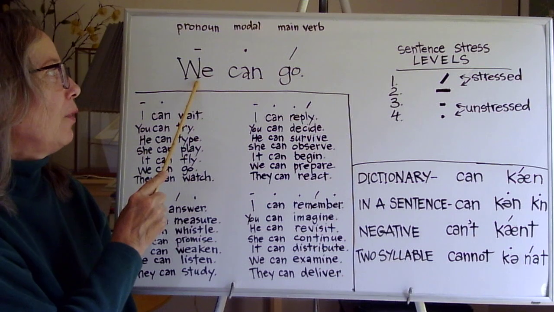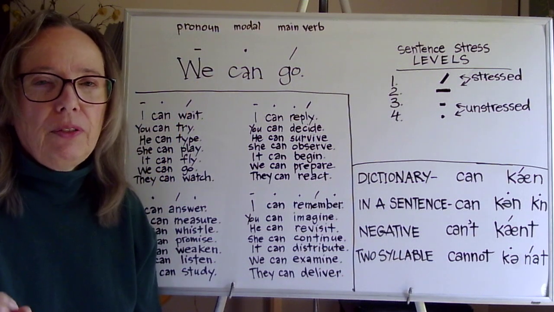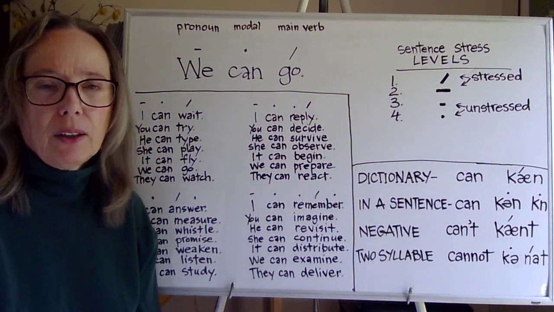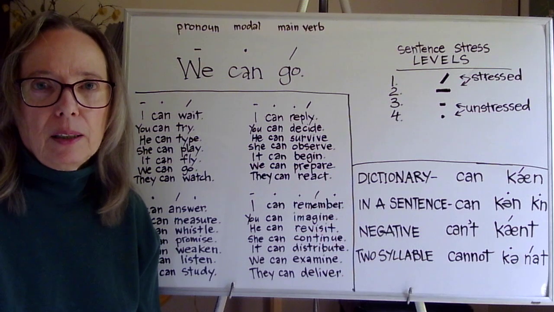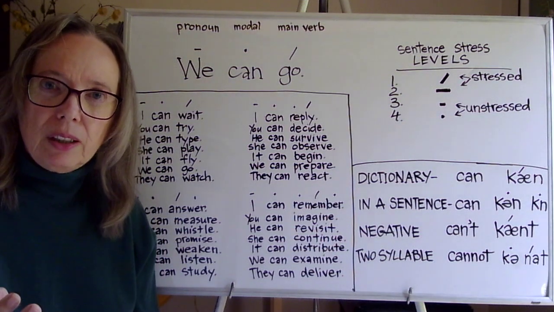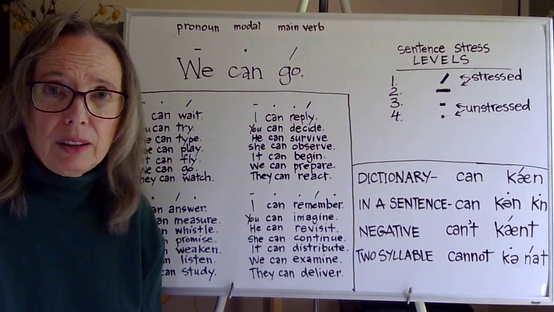So if I say we can go, putting very big stress on we can go, that means that I am telling my listener, pay attention because you may have the wrong information.